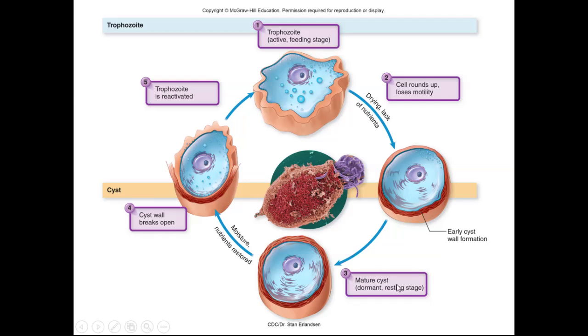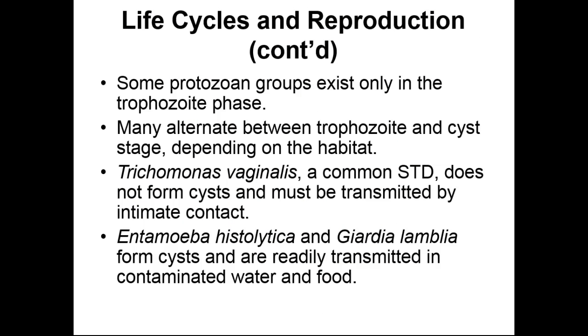That trophozoite can then turn into a cyst, and when the environmental conditions are favorable, another trophozoite will burst out of the cyst and begin to actively reproduce and feed again. Some groups of protozoa will only exist in the trophozoite stage. These are the minority. Most groups can alternate between trophozoite and cyst stages.